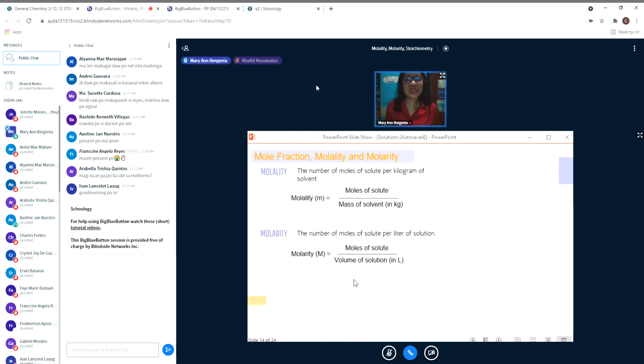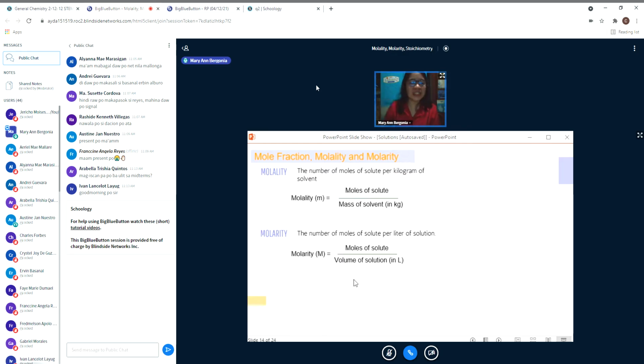So, molarity or your big M is equal to moles of solute over the volume of solution. Huwag po tayong malilito kasi medyo magkatunog: molality and molarity. But then again, molality, small m, that is the relationship of moles of solute over the mass of solvent, and molarity, or the big M, that is the moles of solute over the volume of solution.